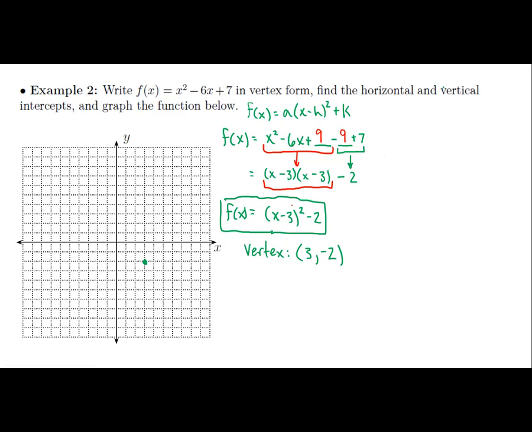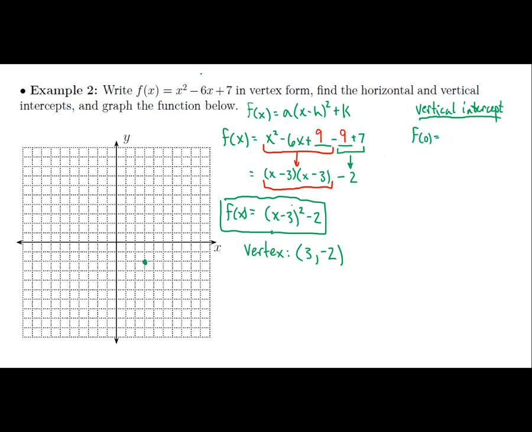Okay, so first of all, my vertical intercept, or in other words, my y-intercept, is where x is equal to 0, right? So really all I have to do is say, what is f of 0?